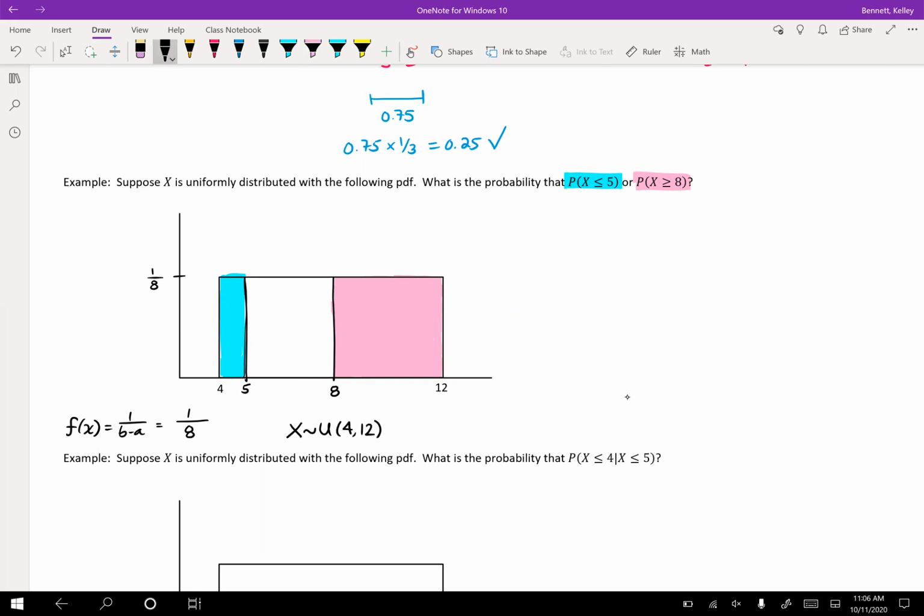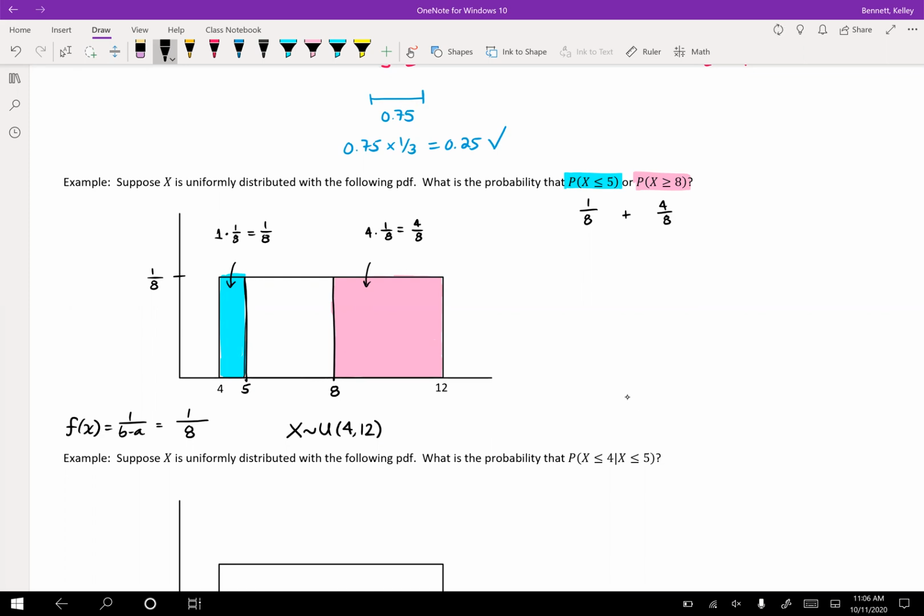This area is 1 times 1 over 8, which equals 1 over 8. Remember, OR gets that plus. So I have 1 over 8 plus, and then this area here is 4 times 1 over 8, which equals 4 over 8. I'm going to leave it as 4 over 8 just so I can easily combine these fractions.